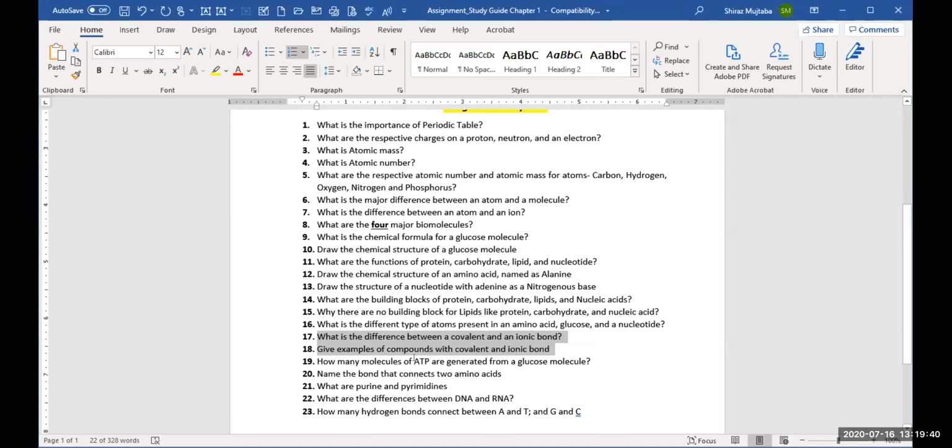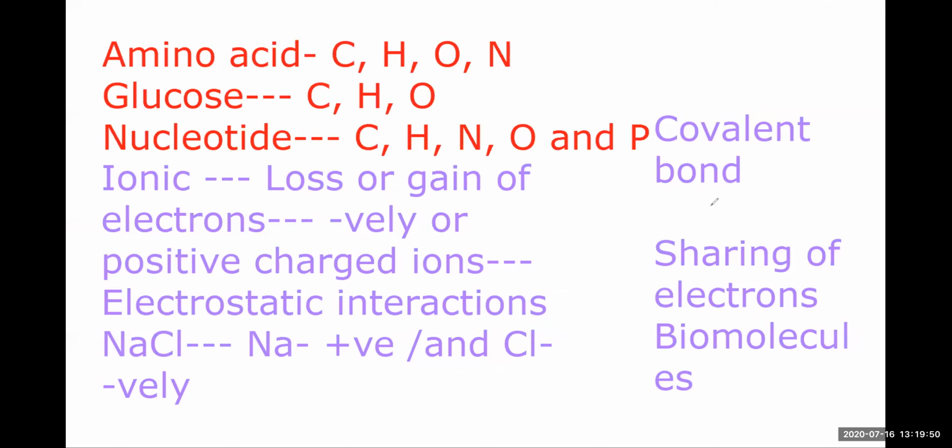Now, question number 19. How many molecules are generated from a glucose molecule? Let's say we consume bread.